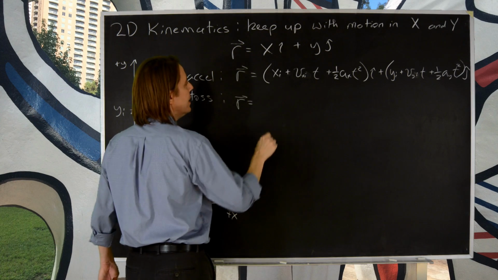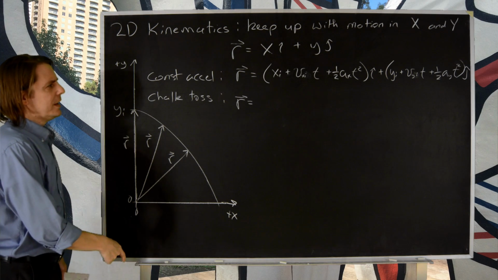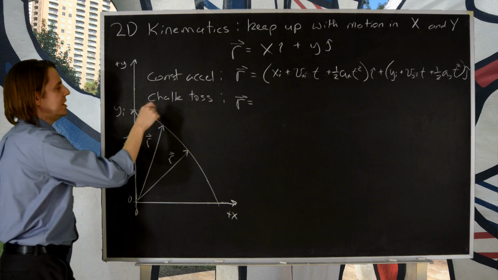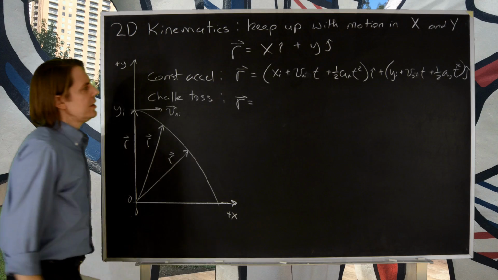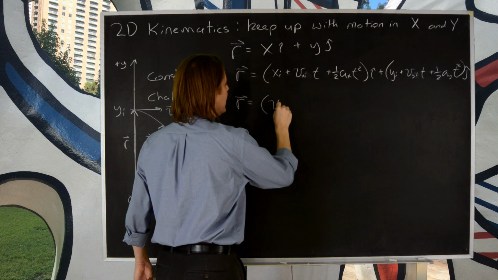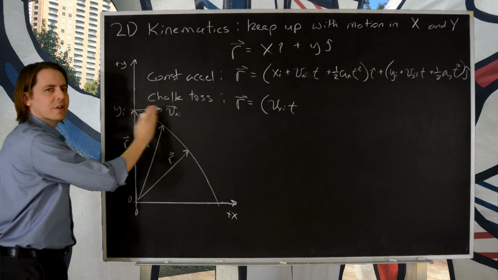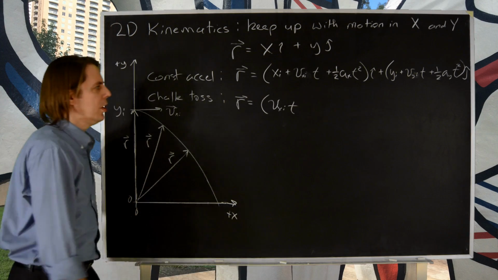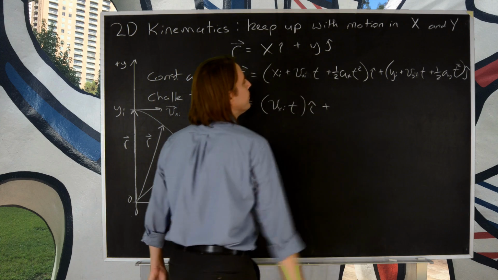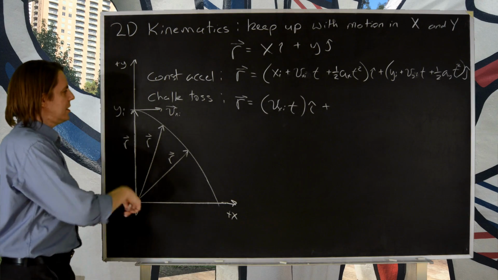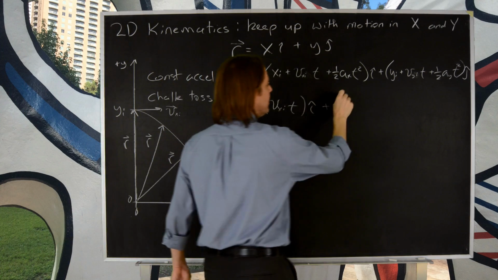We could say r equals, let's see, we gave it no initial position, so xi is 0. We gave it an initial velocity, and I can draw it now, vxi, it looks like that. So we would still have vxi t, and there's no reason to have an acceleration in the x. If we're just thinking about gravity, that's only in the y. So really we just have the initial x velocity times time i hat. And now in the y direction, we did have an initial height, yi, so we can leave that there.